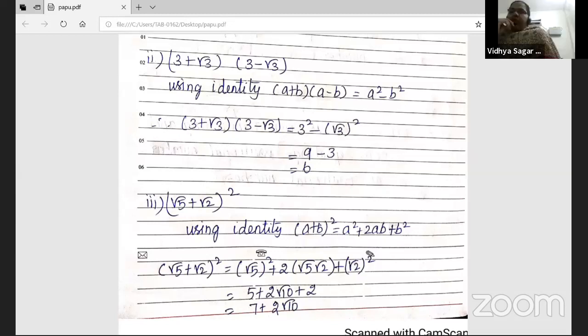Now root 5 the whole square means if you square a root number, it will just remove the root, only the number will come. So 5 plus 2 into root 5 into root 2 will become root 10. Plus root 2 the whole square will become 2. So 7 plus 2 root 10 is your answer.